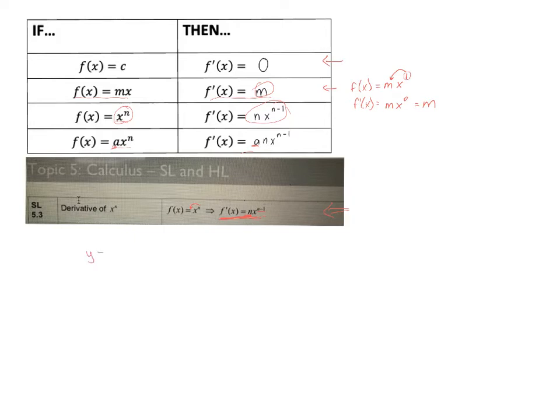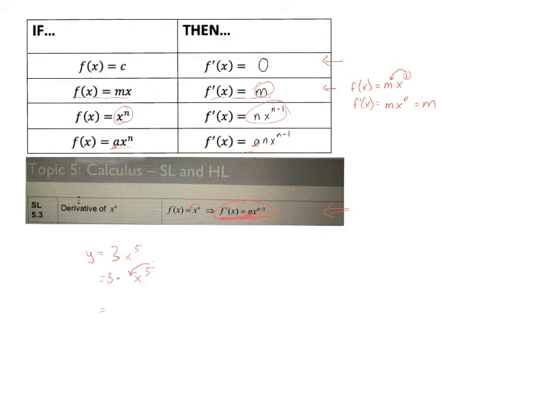If I had, for example, y equals 3x to the 5th, then I would follow this rule by saying, okay, well, this is the same thing as 3 times x to the 5th. I can follow the rule in my formula packet by taking the 5, which is the power, putting it in front, and then subtracting 1.